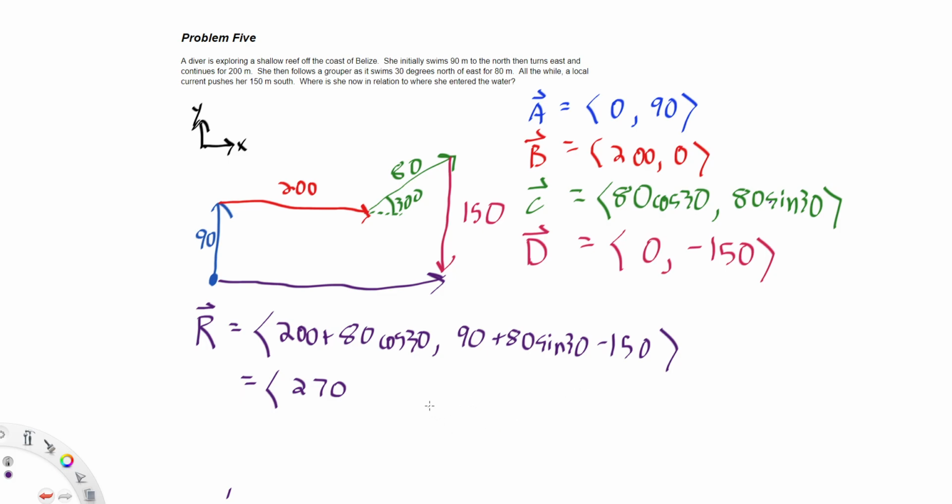And then our y part, sine of 30 is a half. So we have 90 plus 40, which is 130, minus 150, end up with negative 20. So there's our x and y components of our final position. The distance from our initial position, we can use the Pythagorean theorem for that.